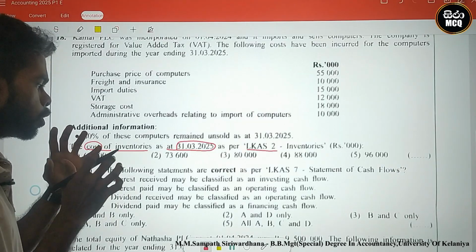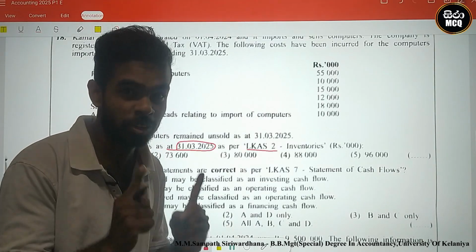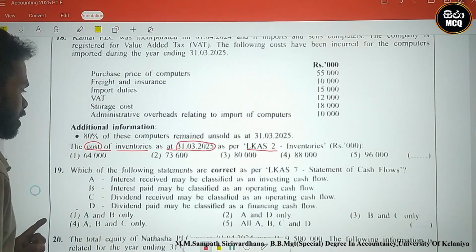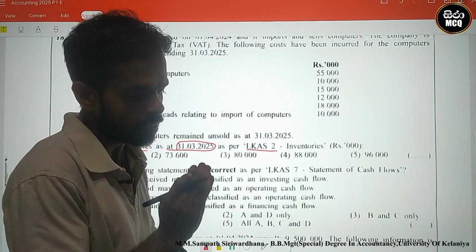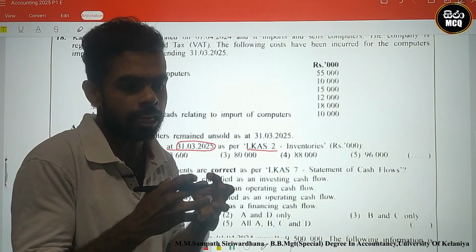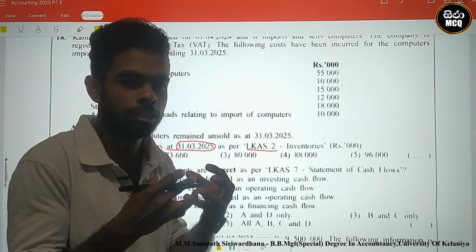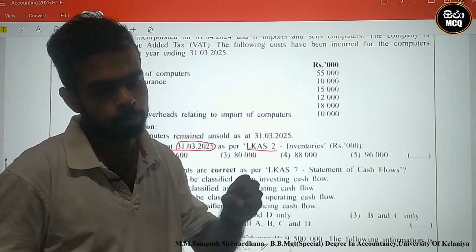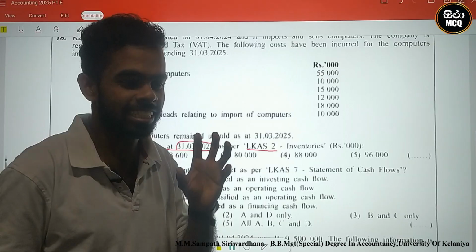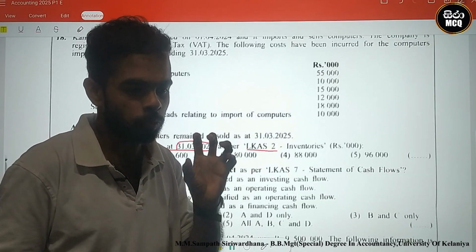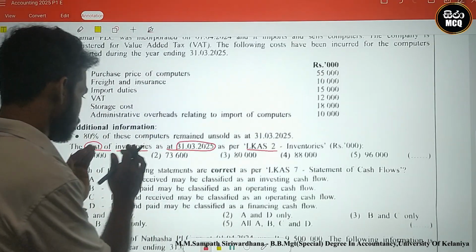We must calculate the closing inventory cost. At that time we identify the directly attributable cost, the cost directly included in inventory. This is the closing inventory.